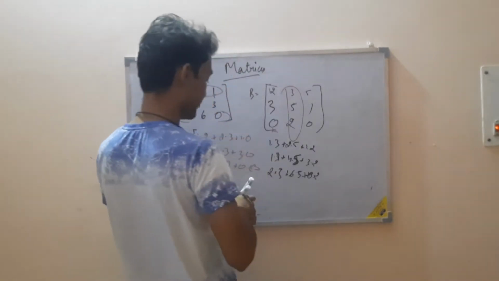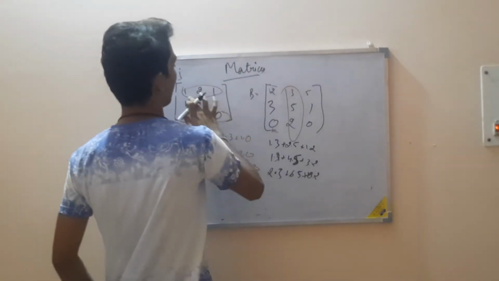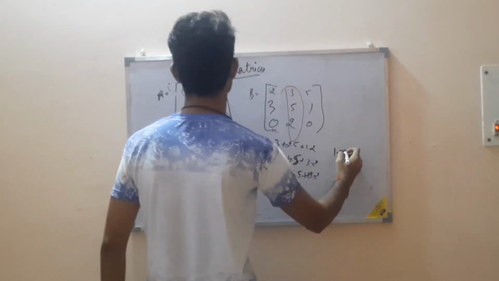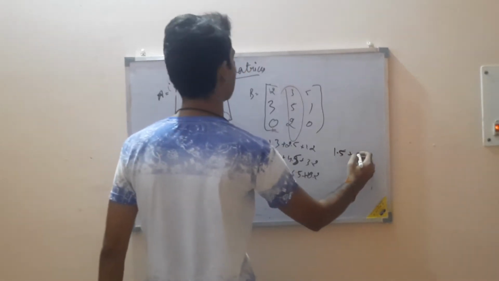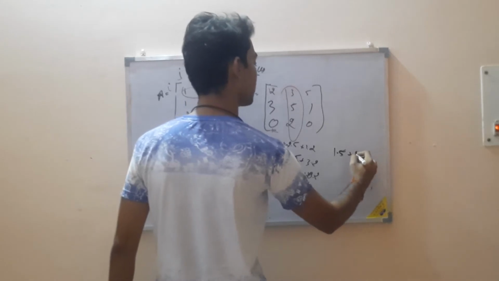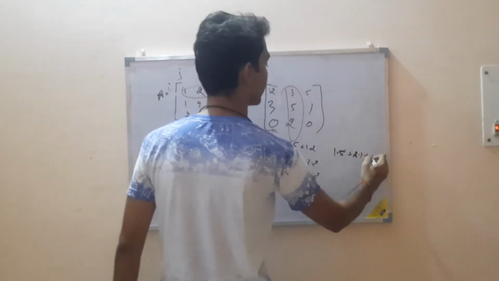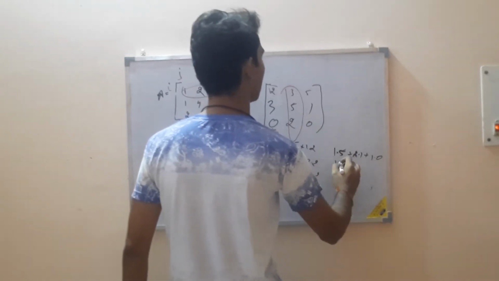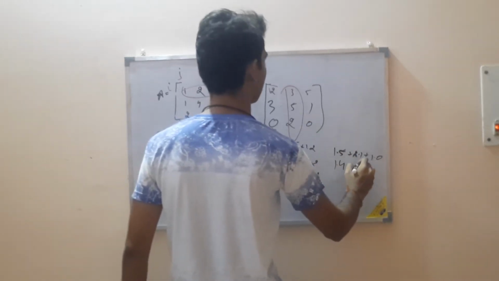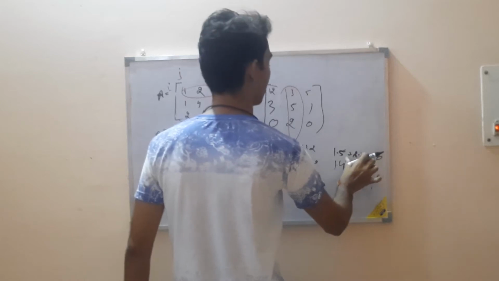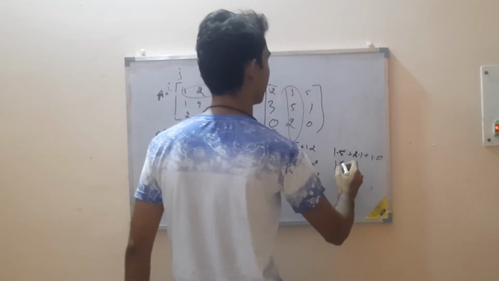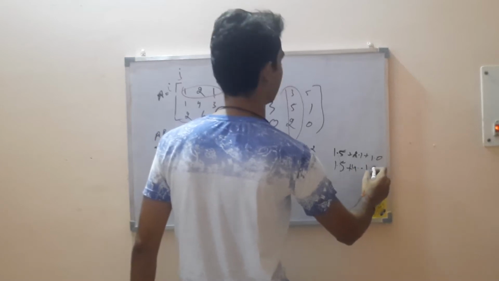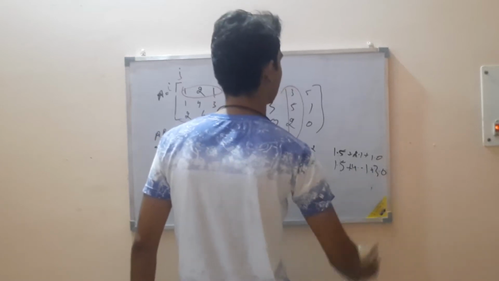So it will be 1 into 5 plus 2 into 1 plus 1 into 0, 1 into 4 plus 4 into... it will be 5, my fault, 1 into 5 plus 4 into 1 plus 3 into 0.